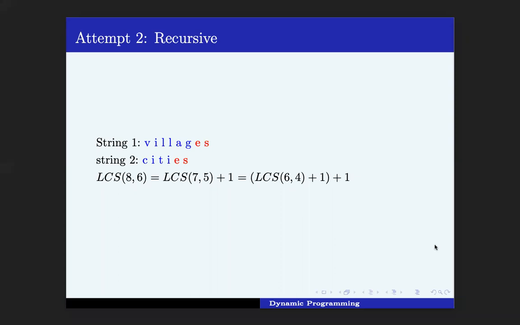Yes, sir. Can you tell me, is it possible that the longest common subsequence between these two strings, VILLAG and CITI, can contain both I and G?